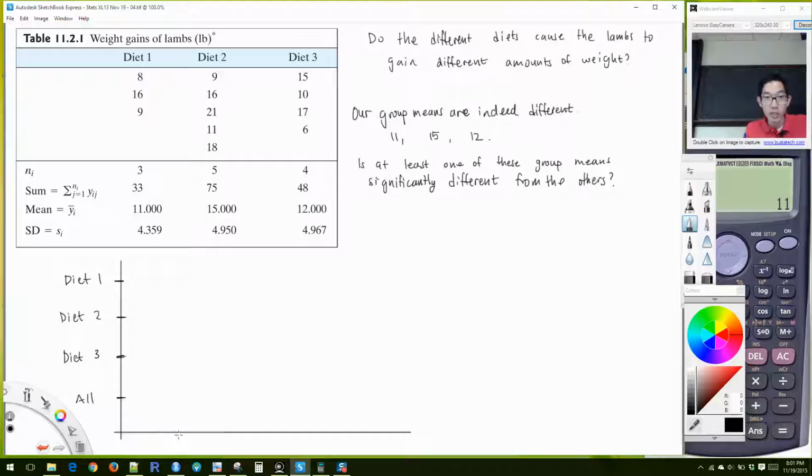The smallest number I have looks like 6, so I'm going to put 5, 6, 7, 8, 9, 10, 11, 12, 13, 14, 15, 16, 17, 18, 19, 20, 21, 22.